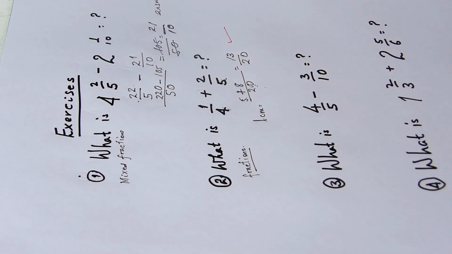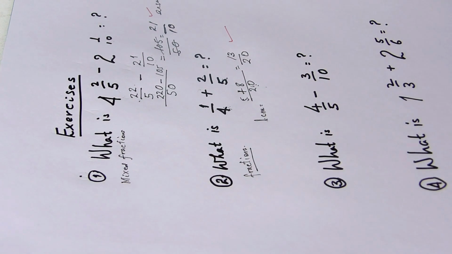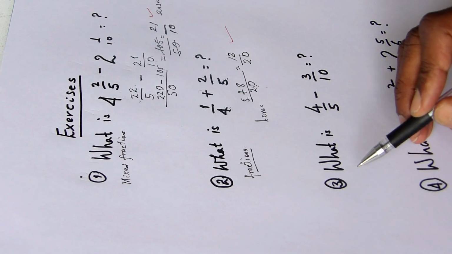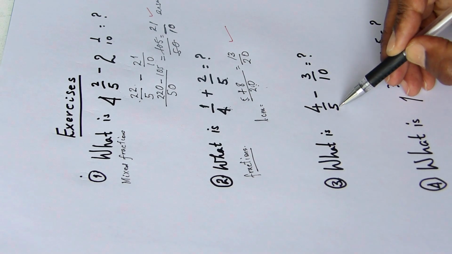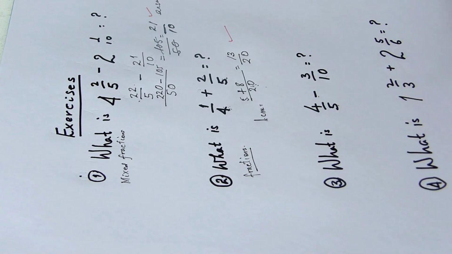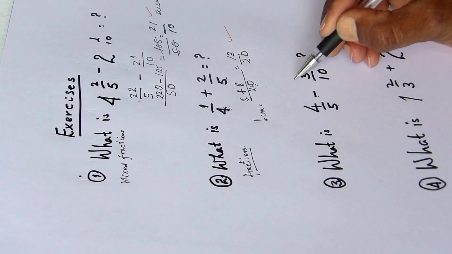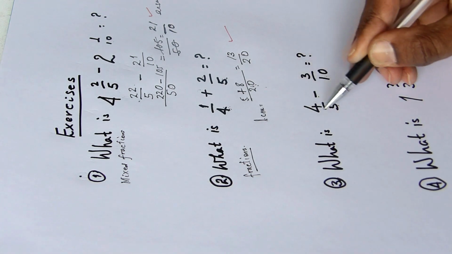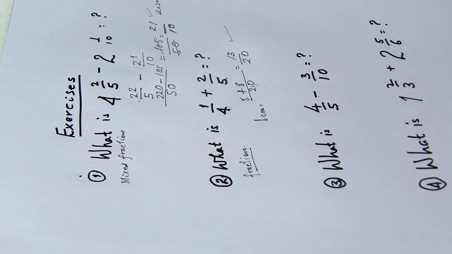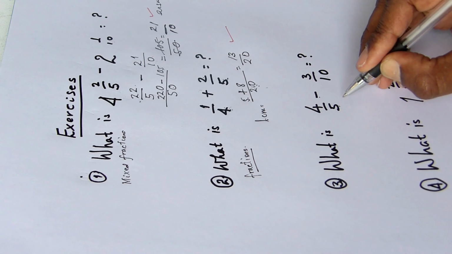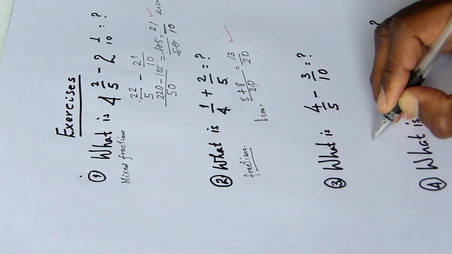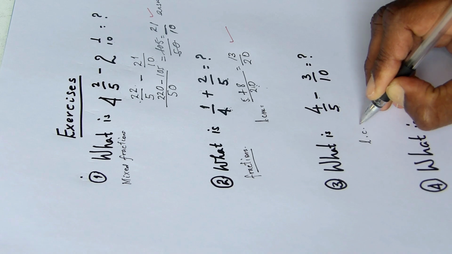So, very nice. Let's proceed to number 3. What is 4 over 5 minus 3 over 10? This is a fraction again, a fraction with a minus sign. Okay, we need to multiply both to get the LCM.